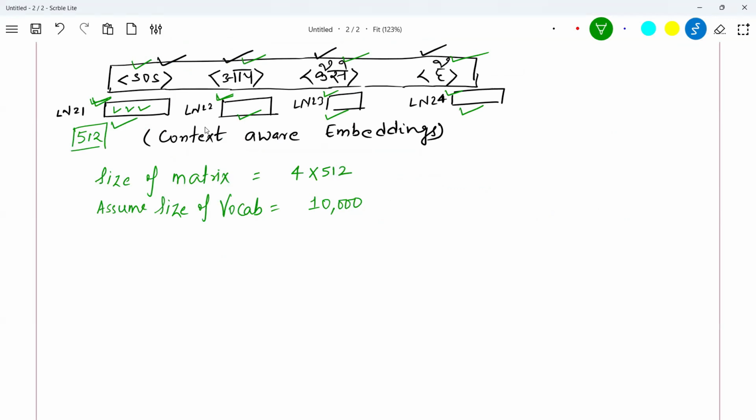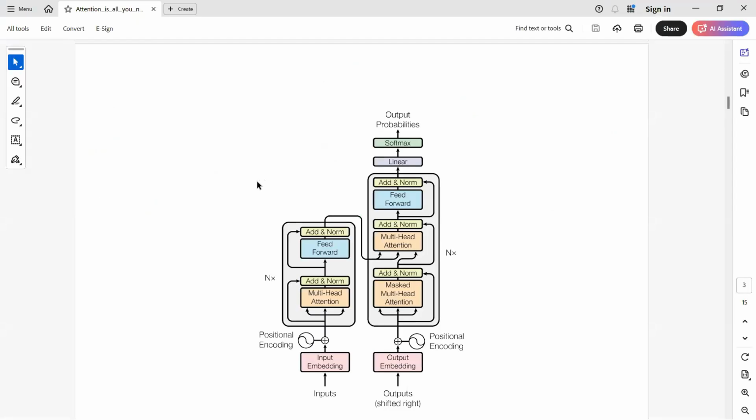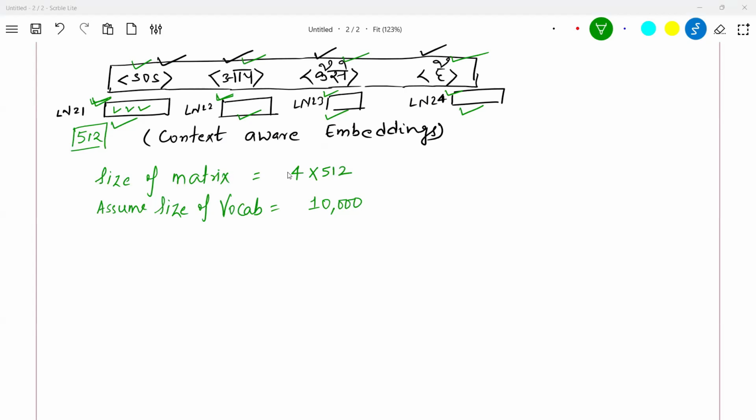So here you see a linear layer, right? A linear layer is nothing but again trainable weights. So imagine there is a weight matrix, and the weight matrix size is 10,000 into 512. 10,000 because 10,000 is the vocab size, multiplied by 512, the embedding dimension.